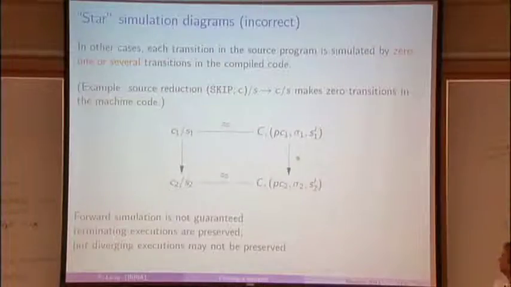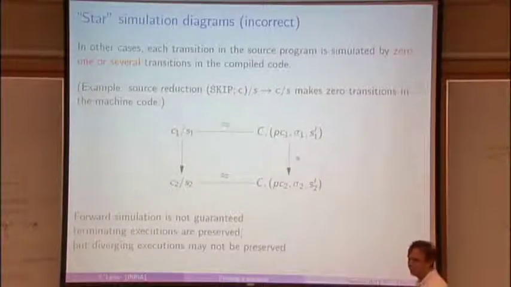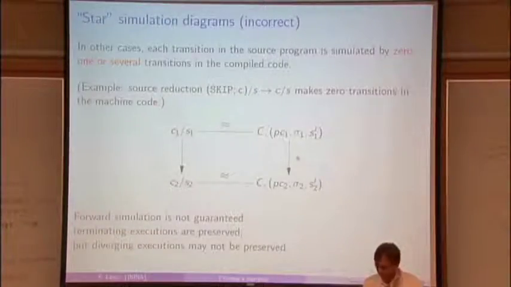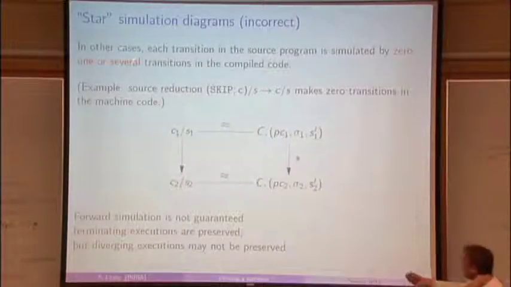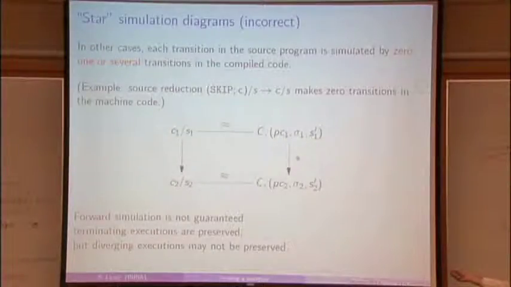In yet other cases, sometimes transitions of the source program are simulated by 0, 1, or several transitions in the compiled code. And that's where things get slightly ugly. An example in imp, we have this source reduction, skip followed by C reduces to C. And if you look at the compiled code for skip followed by C, it's exactly the code for C. So the machine is not going to make any progress at that point.